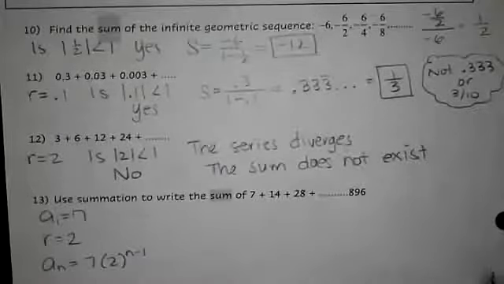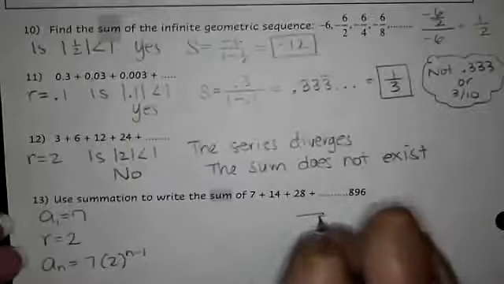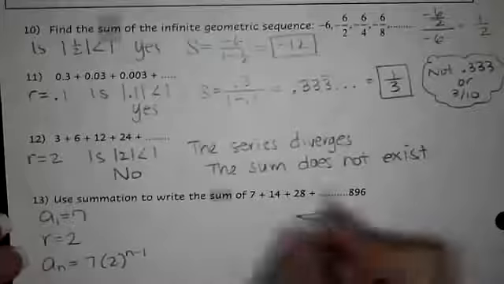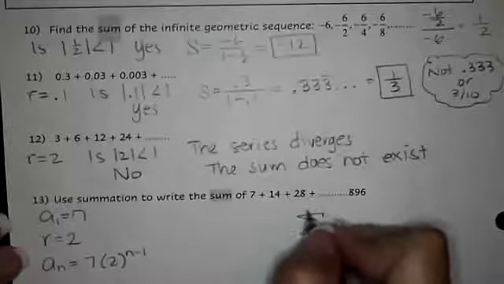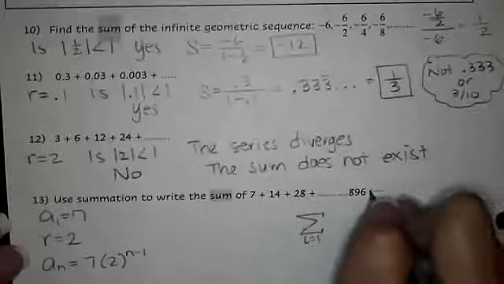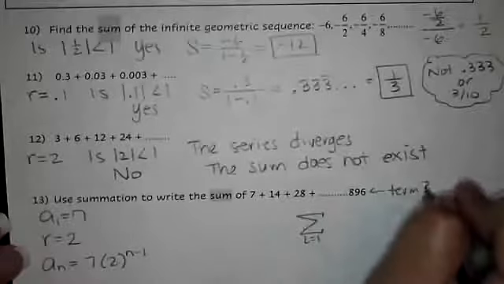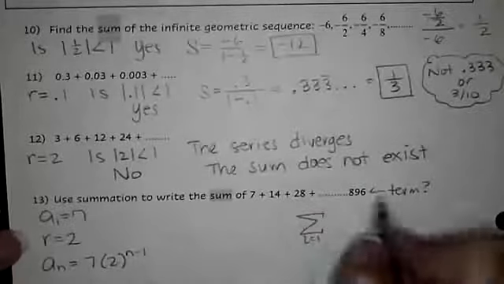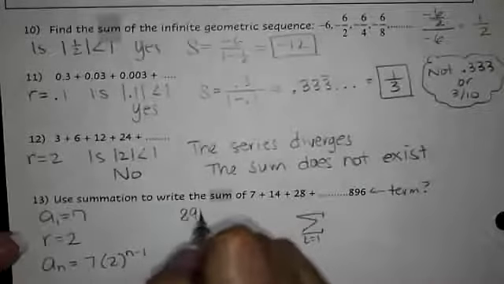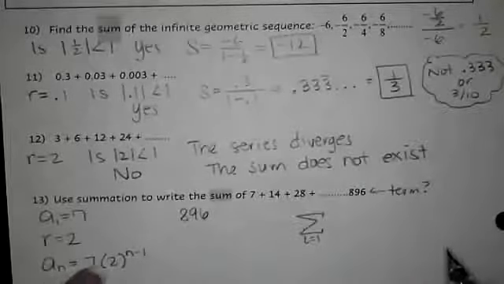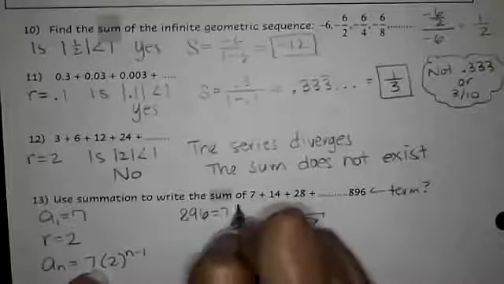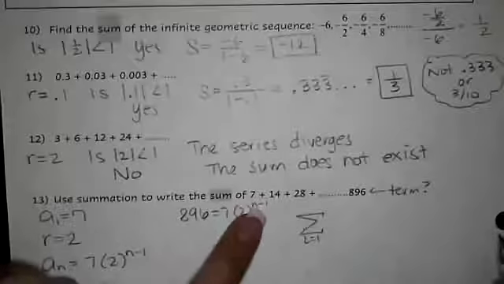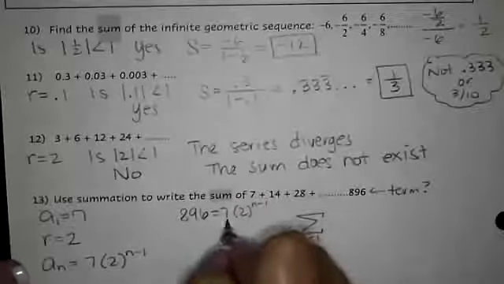Now, in order to write this sum with sigma, I see that i starts at 1, but we do not have a final value here. So I need to find what term that is so that we have our final value. So I plug 896 into my formula, and I solve for this n so that I know what term it is.